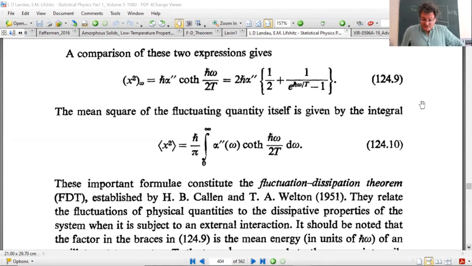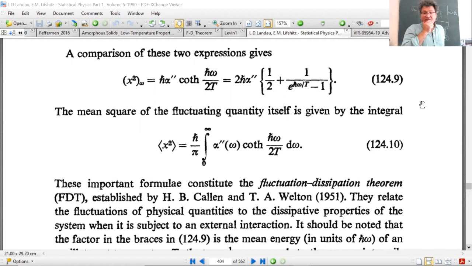The major translator of the fluctuation dissipation theorem is a Japanese scientist called Kubo, and he explained a lot of things regarding the fluctuation dissipation theory.